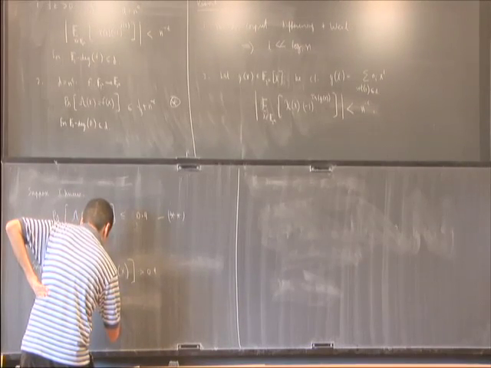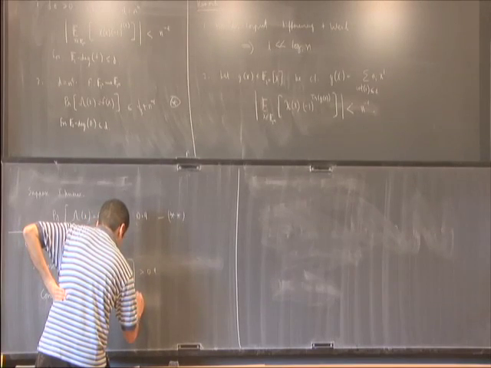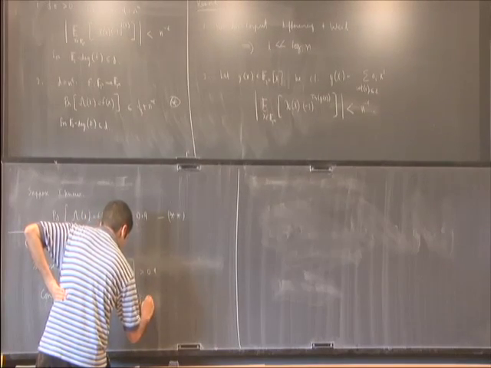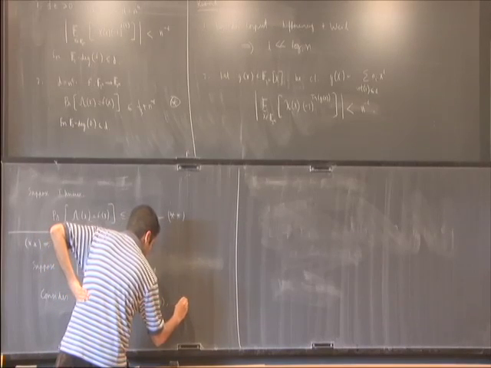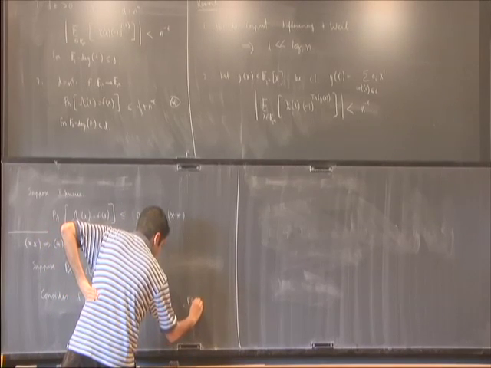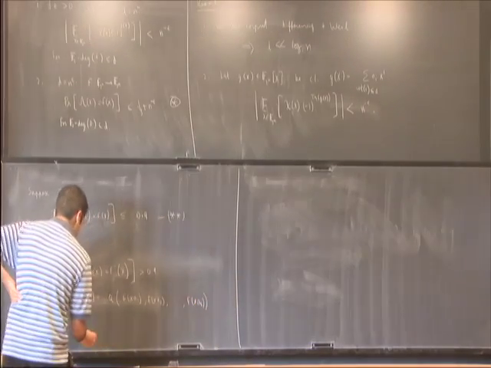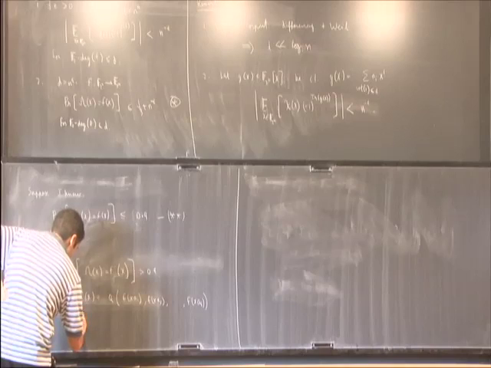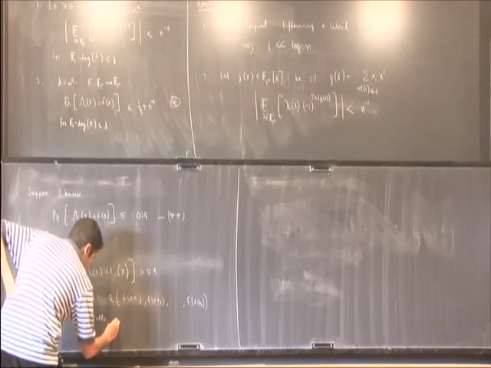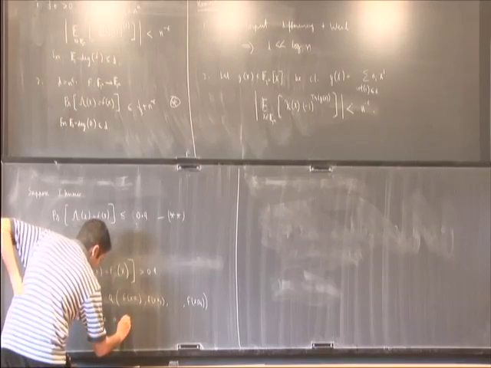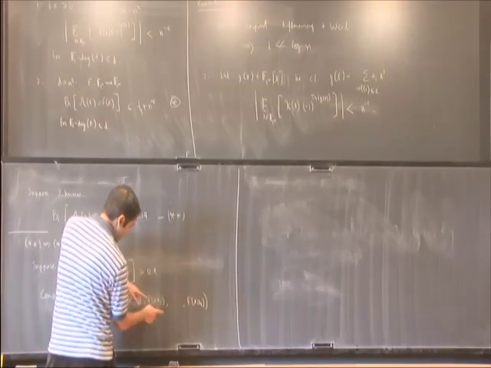Some q of f of x a1, f of x a2, and so on, for suitable ai's and q, and in fact you should probably take powers of x too.